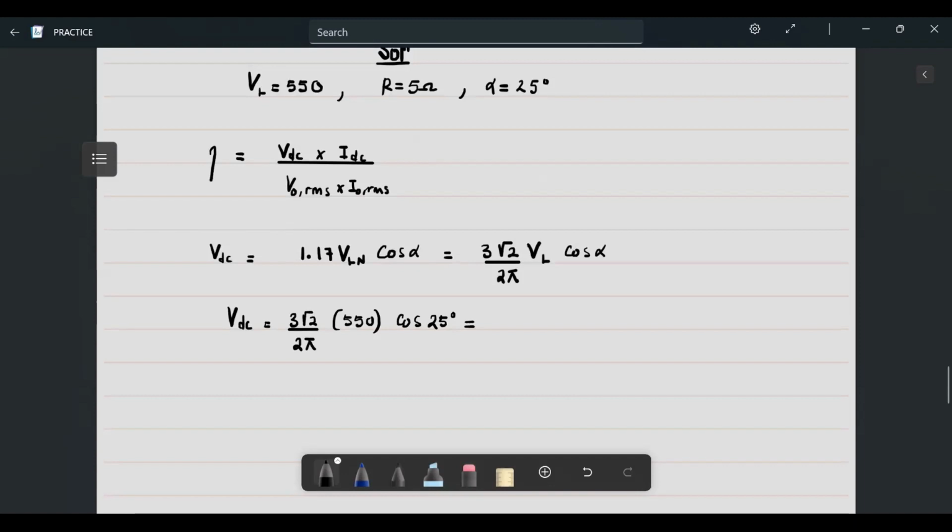If I put that in my calculator: cos 25 times 550 times 3 times square root of 2, and then divide the answer by 2, divide by pi. So I have 336, right? So this is 336.585 volts.